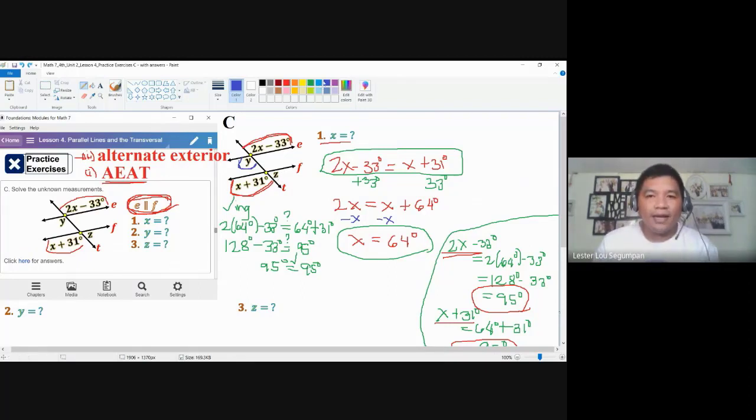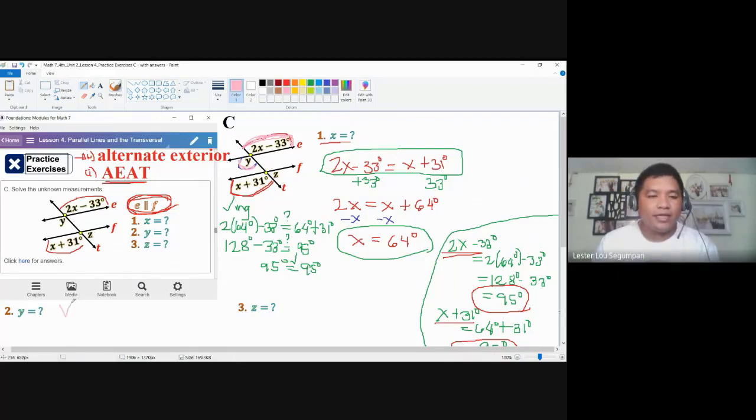I'm talking about this angle y here and this angle on the opposite side having the measurement 2x minus 33 degrees. Okay? This angle here and this angle here, we can always go back to the previous lesson. They are actually forming vertical angles.